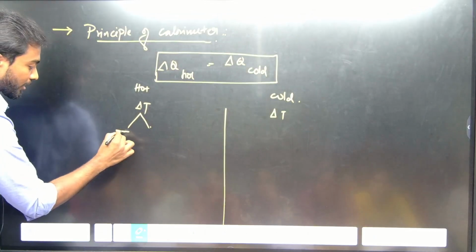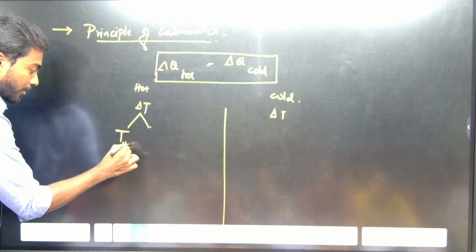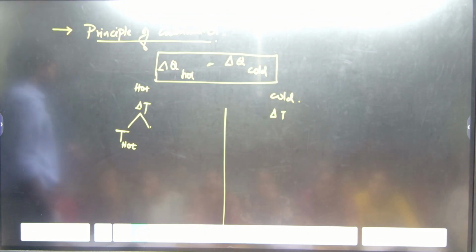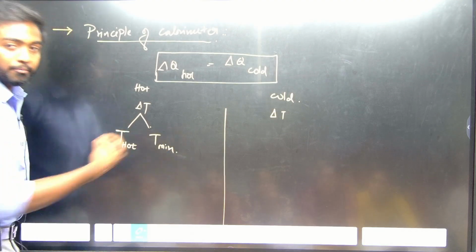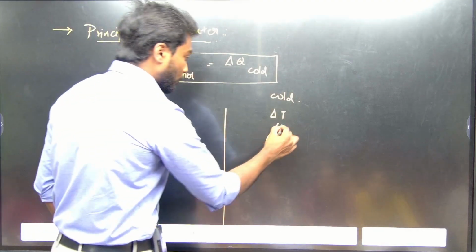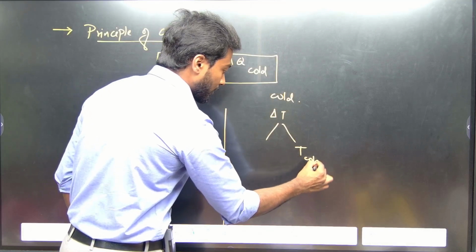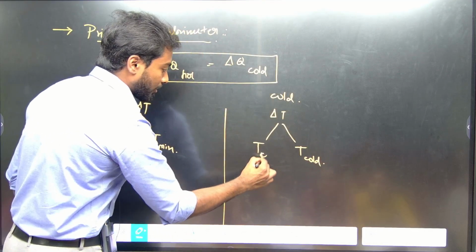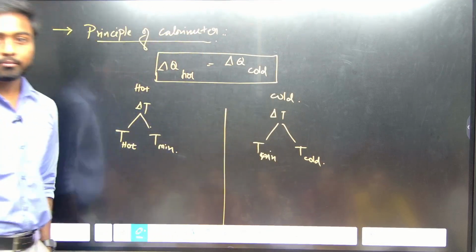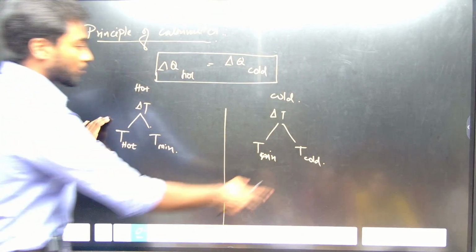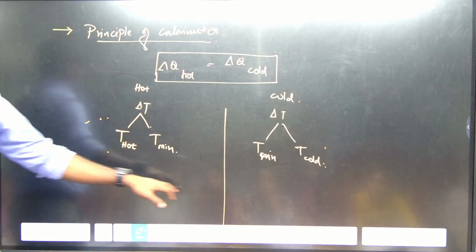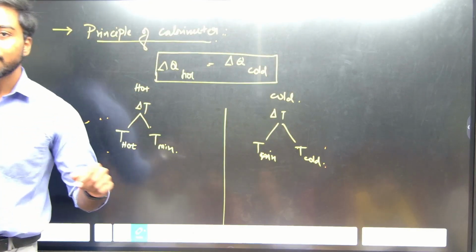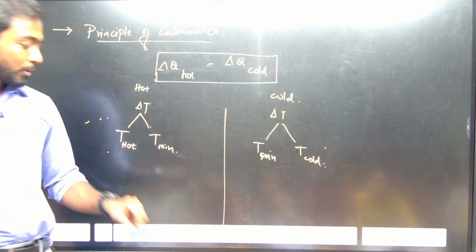Hot in the sense that initially the body is at a hot temperature. When I mix, it will become a mixture temperature. In this one, the temperature is cold. When I mix, it becomes T mixture. Hot body is there, cold body is there. If I mix them together, I will attain an equal temperature.